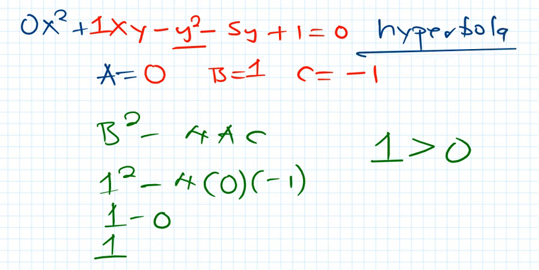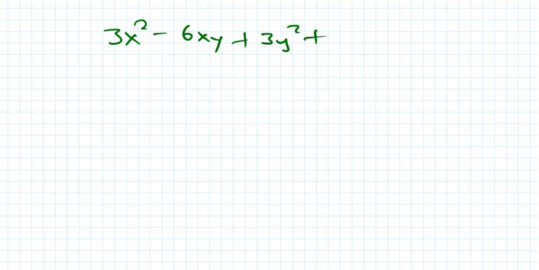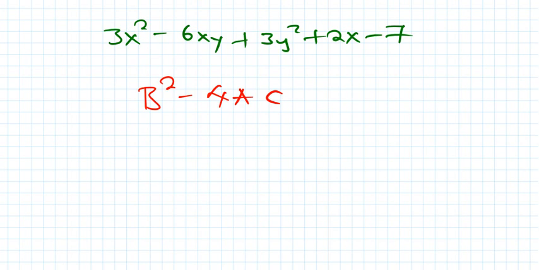And then of course, lastly, 3x squared minus 6xy plus 3y squared plus 2x minus 7. Do the same. B squared minus 4ac. Your b is the coefficient of xy, so that's a minus 6.